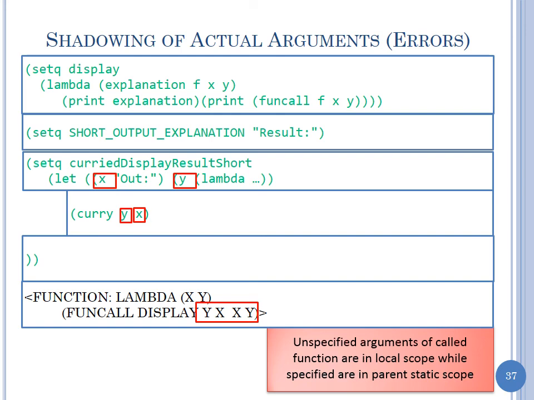I changed it from those long names to y and x because y and x are typical variable names, and because they're typical variable names, they've also been used in the definition of f. So what is my FUNCALL there?